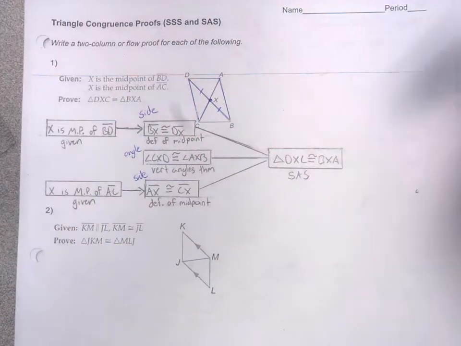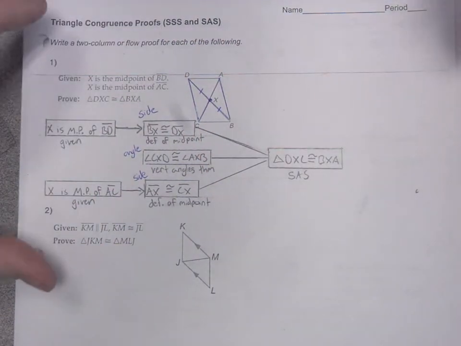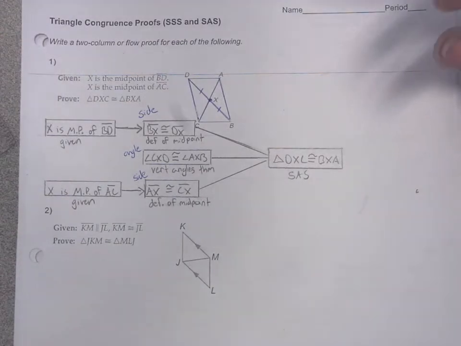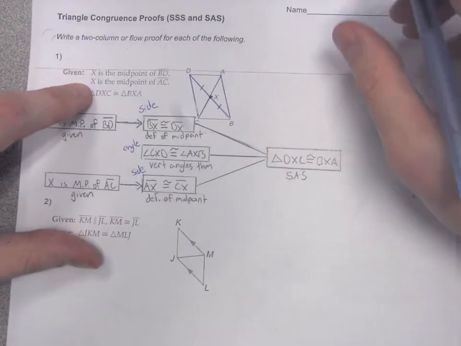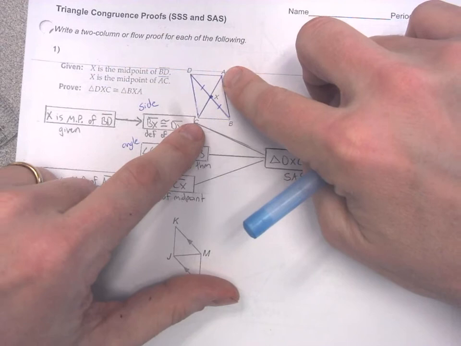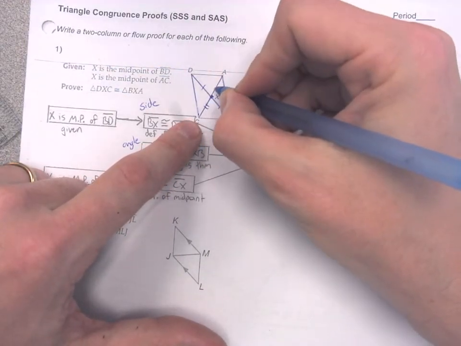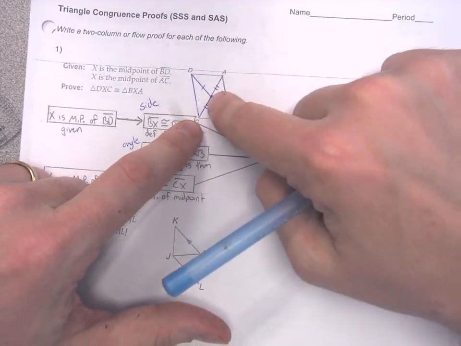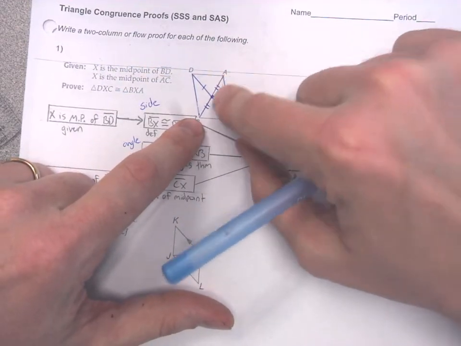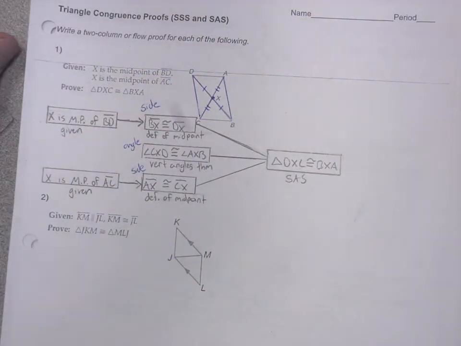So by using the definition of midpoint, you know you have congruent segments. It's also said in the given that X is the midpoint of segment CA. So these are congruent to each other as well, because again, midpoint means the point that cuts a segment into 2 congruent sections.